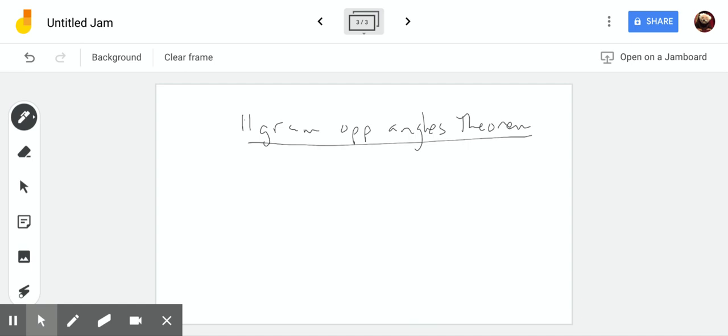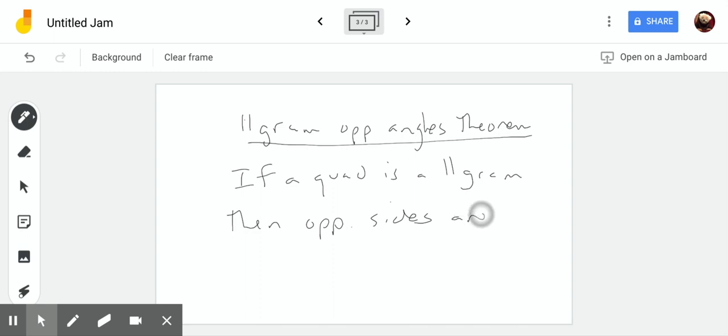And the parallelogram opposite angles theorem, a lot like the parallel opposite sides theorem, says that if a quadrilateral is a parallelogram, then opposite sides, not sides, it's angles, are congruent.